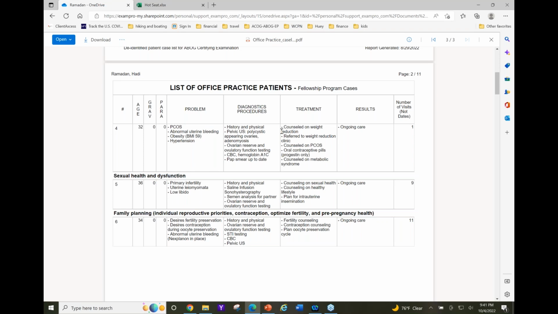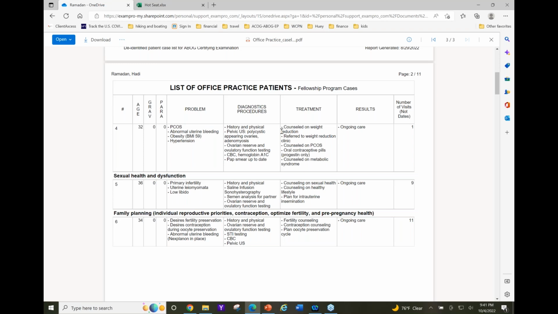In her case, with her BMI of 59, we started out talking about what her lifestyle is and what her diet is, and her activity every day. And then after that, we started talking about the options when it comes to nutrition, being referred to a nutritionist, as well as a bariatric surgeon if she wants to go down the surgery route in order to reduce her weight.